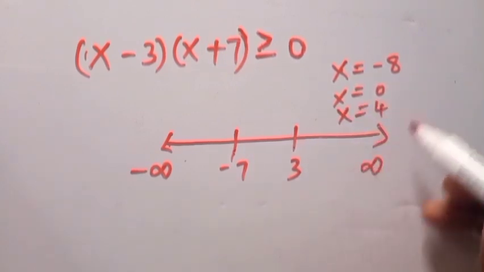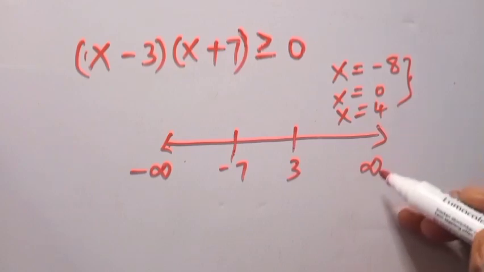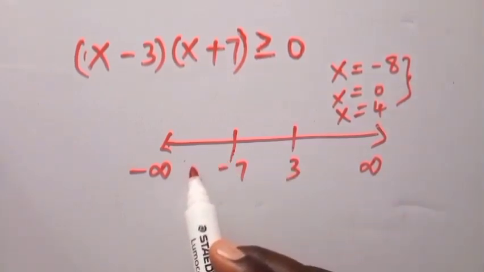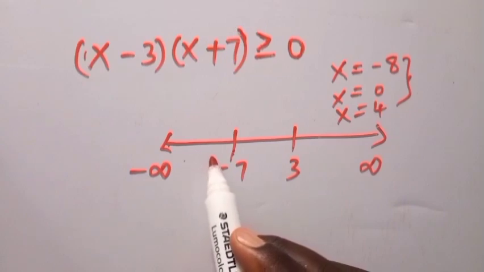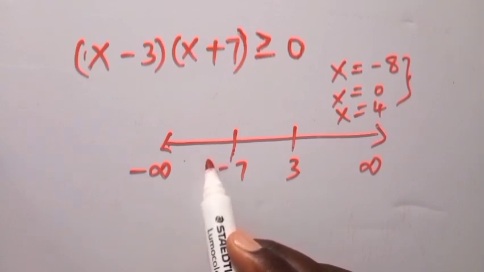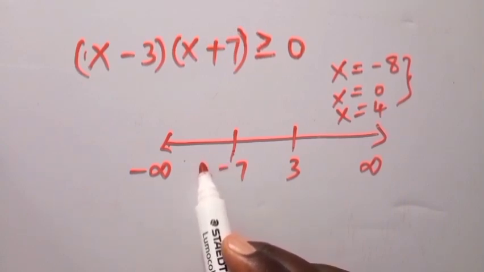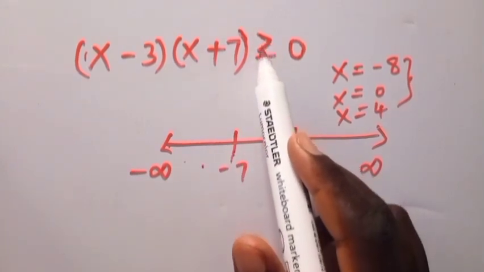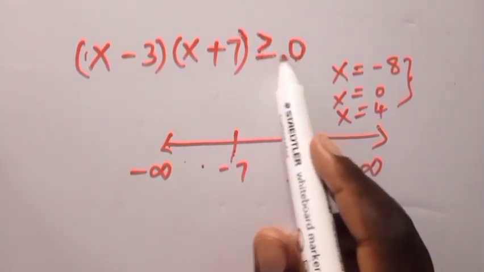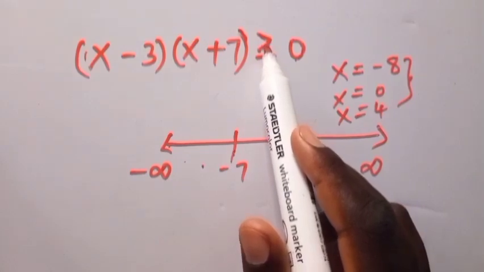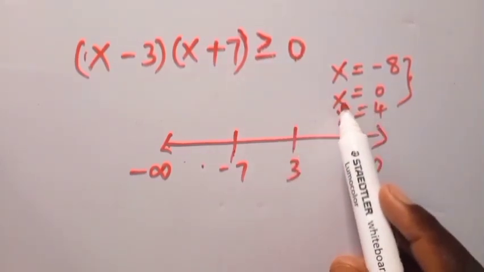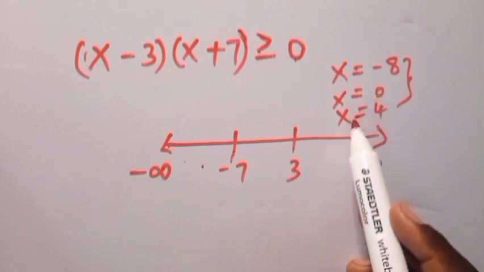And therefore, these are our 3 test points. We want to see whether at x = -8, to the left of -7, we get a result that is greater than or equal to 0. The same applies to x equals 0 and to x equals 4.